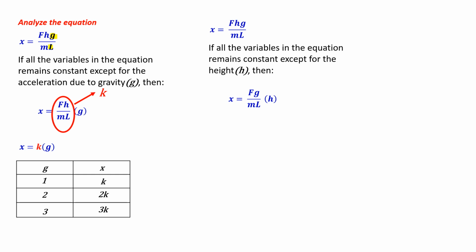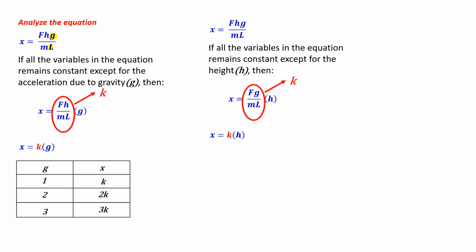So x equals F g over M L times h. What if we kept everything constant except for h? Now the new equation is x equals k times h. If you notice the pattern, just keep everything as k.